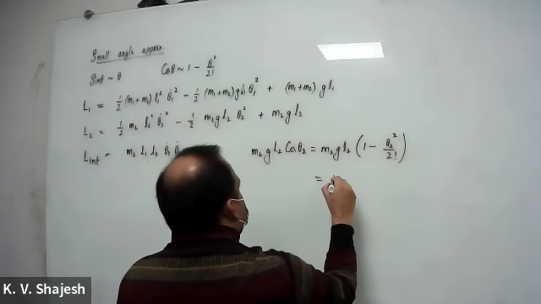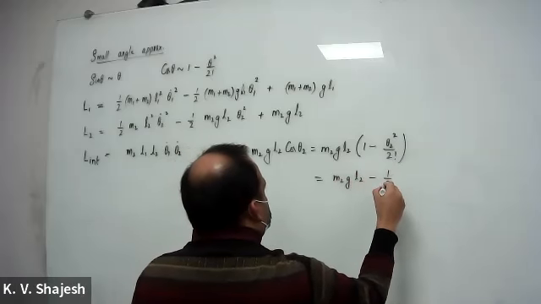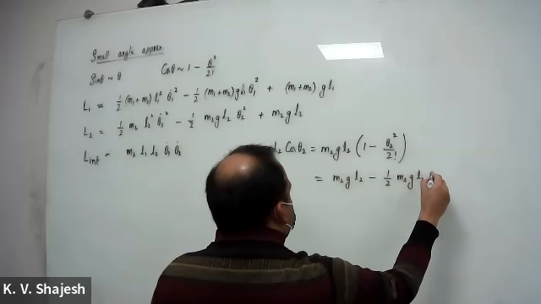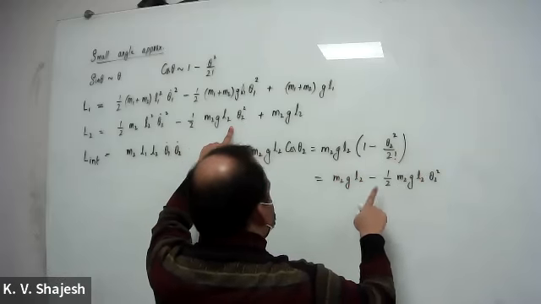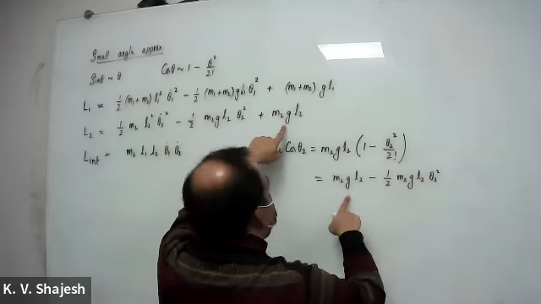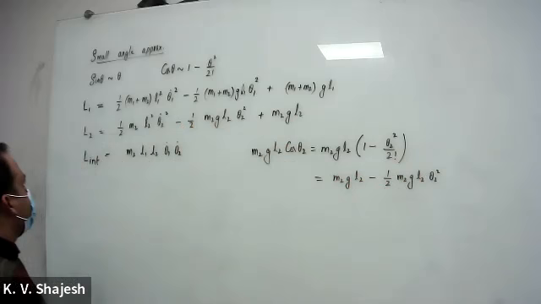So that's M2 G L2 minus half M2 G L2 theta 2 square. That's this term, the minus. That's what I wrote. Is that reasonable? Yeah. Okay. Clear?